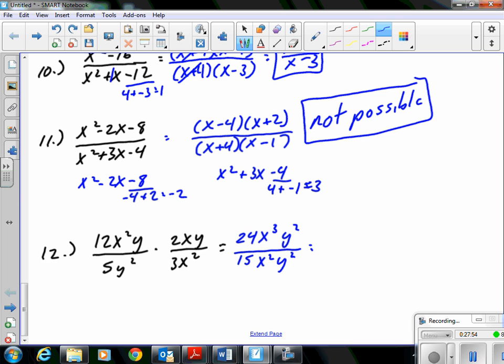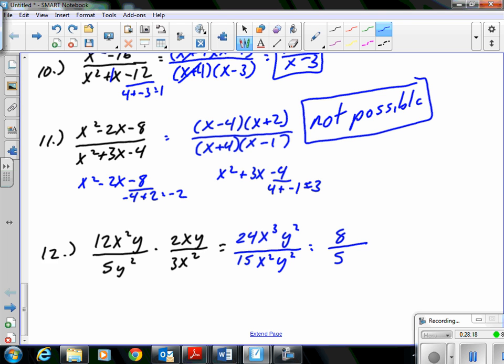Now we've multiplied it. Now we simplify it if we can. We get 24x cubed y squared over 15. Both of those terms will divide by 3, so I can reduce that to 8 over 5.